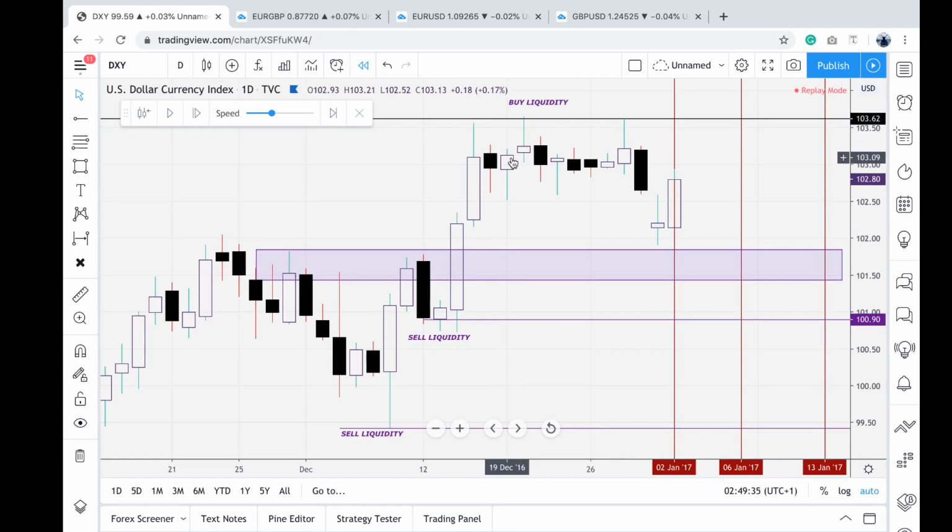Okay, so what we could potentially get is a turtle soup off this level and a dip back into the zone. We're looking for bearishness. Now to validate our turtle soup, we want to see price trade through this level and quickly pull back into the range. If price trades through that level and does not quickly pull back into the range, then that is not a turtle soup, that is a breakout.